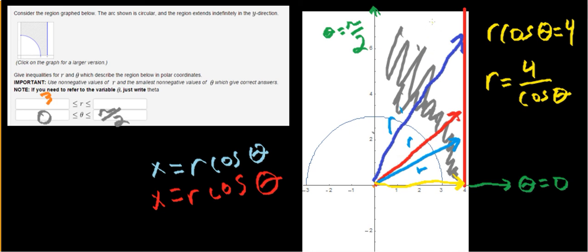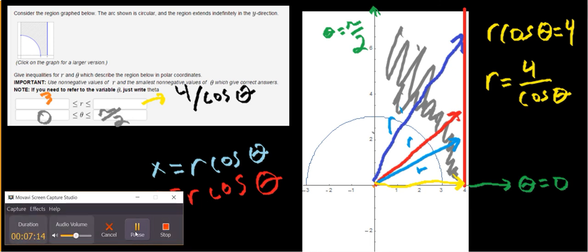I can keep drawing these r's going higher and higher. Our upper boundary of r must be 4 over cosine theta.